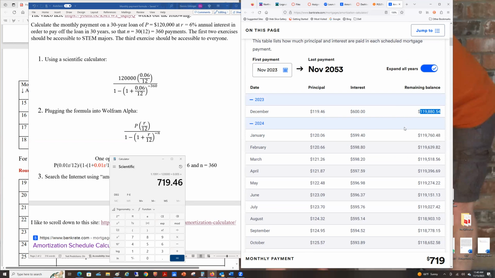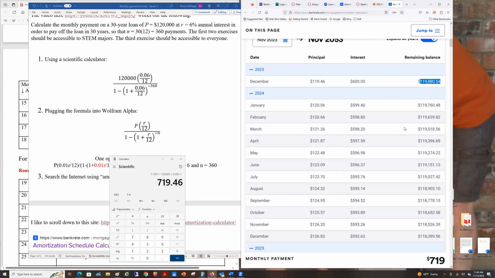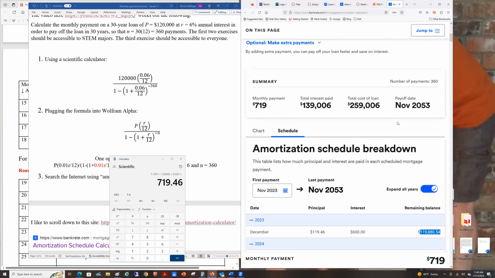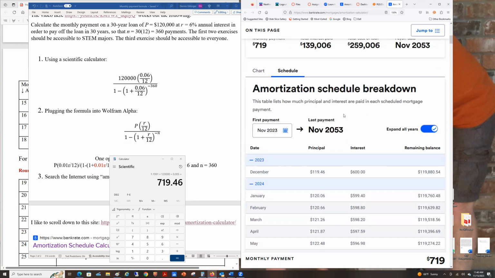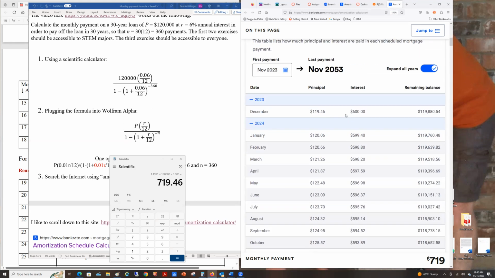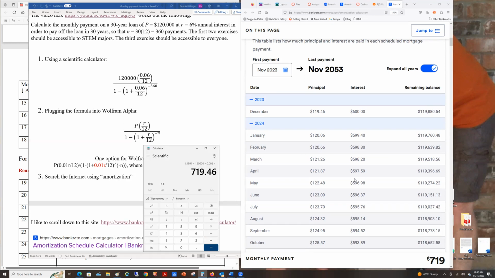I know this is sounding real mathy, but you can go on down to the bottom. And by the way, it'll tell you how much your total interest is over 30 years. Oh, well, that's cool. And indeed it is. So that one, my children were absolutely thrilled to use.